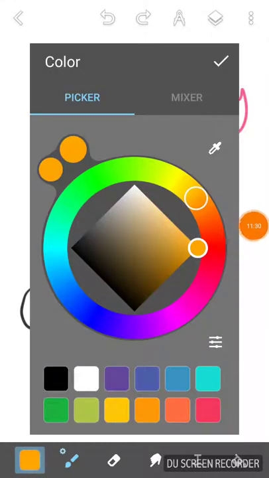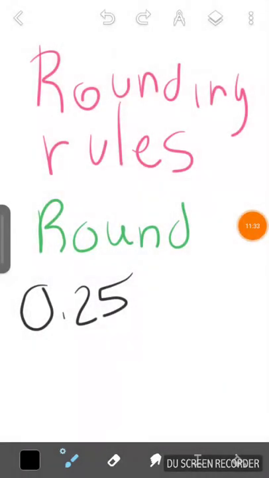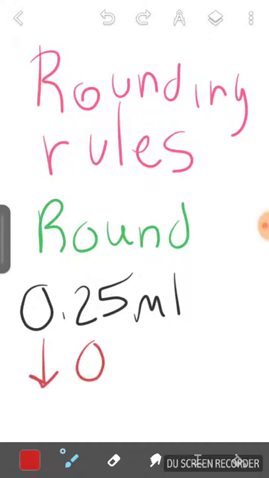So, wait a second. I'm sorry. Milliliters. Let me clarify milliliters. I'm about to make a major point. Okay, so it's less than 0.5 milliliters, it's hundredth place.